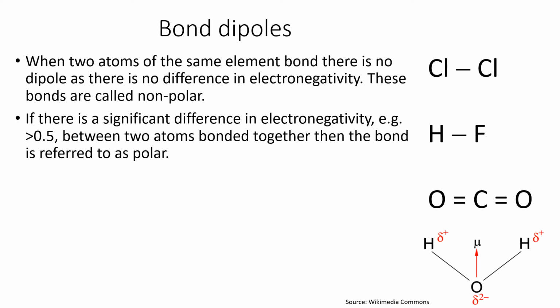Now in the next case there, HF, we've got a significant difference in electronegativity. In fact, fluorine here is the most electronegative element in the periodic table. If electronegativity increases from left to right across a period, and increases when you go up a group, you would expect the top right hand corner of the periodic table to have the most electronegative elements, and likewise the bottom left hand corner to have the least electronegative elements.